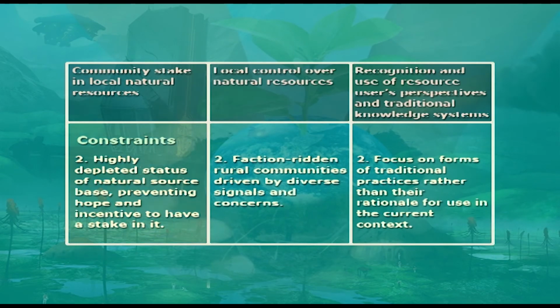Next, we have the highly depleted status of the natural resource base, preventing hope and incentive to have a stake in it. Faction-ridden rural communities driven by diverse signals and concerns. Focus on forms of traditional practices rather than their rationale for use in the current context.